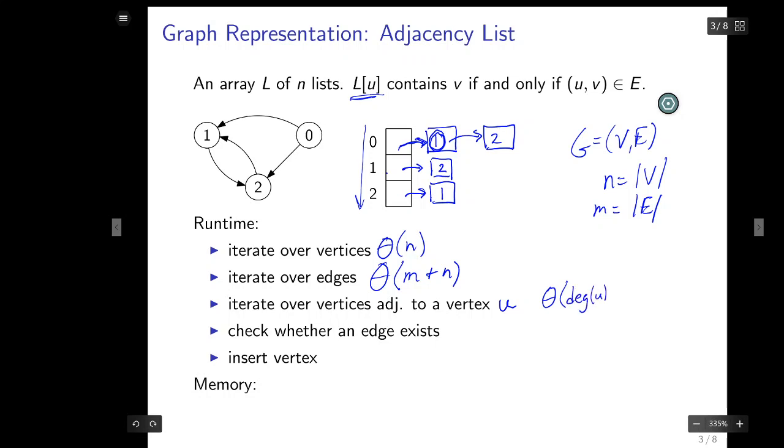Now, in this particular directed example, you might be interested in not just the edges that you can take away from the vertex, leaving vertex U, but you might also be interested in the edges that can come into U. Then you might build another linked list for the incoming edges. This is sort of the linked list for the outgoing edges.